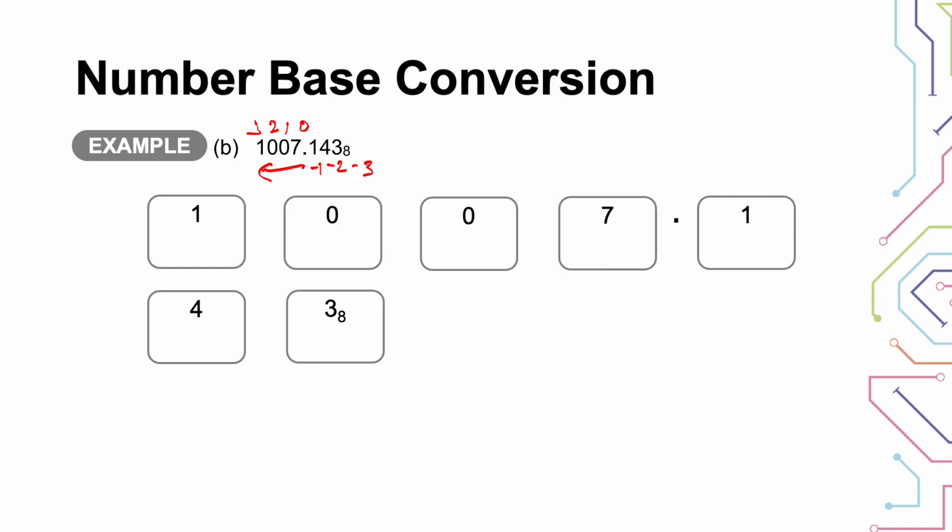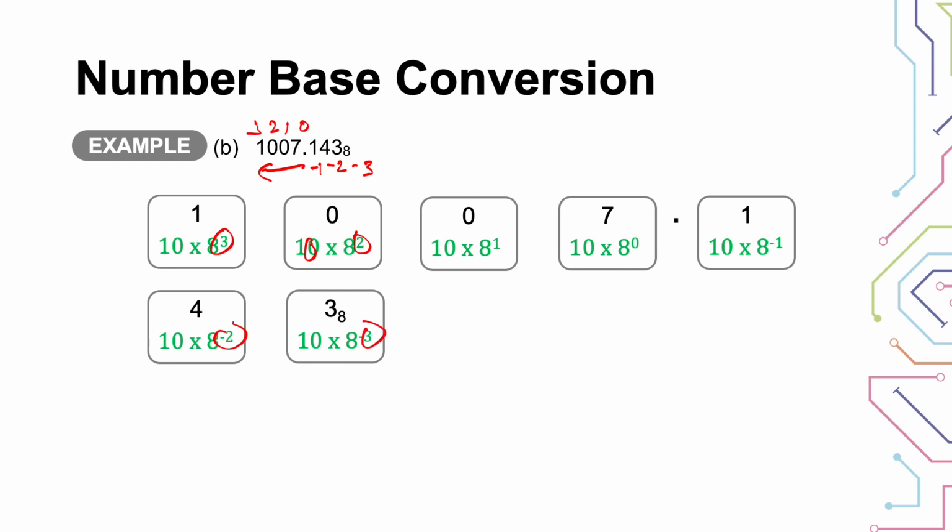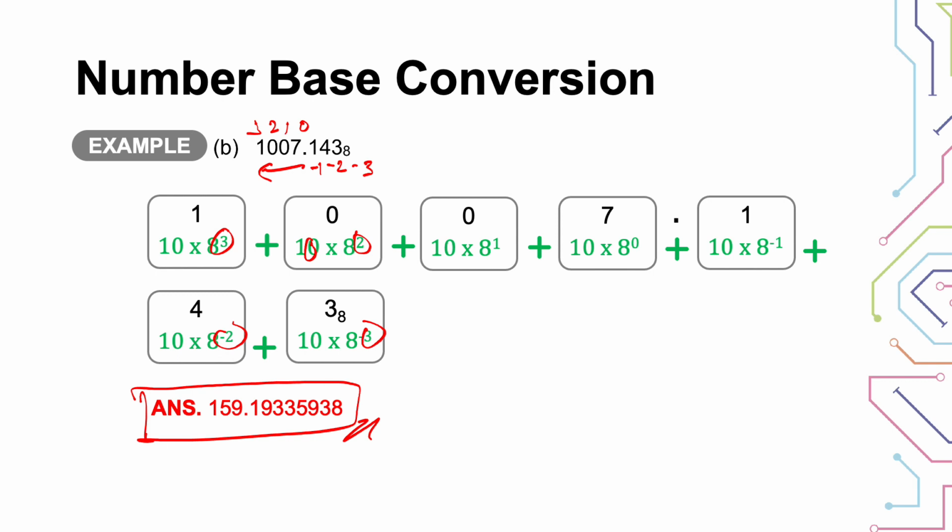So what we will do is 1 multiplied by the base and the corresponding exponent, which is 3, and then this exponent, and then we have 0. That is our equivalent. Then this 0 too, then this 7, this is 1, 4 but already at negative 2, and then 3 at negative 3. So we just sum them, add them. Then we can do what we did on the calculator as I demonstrated, and then equate. This will be the answer.